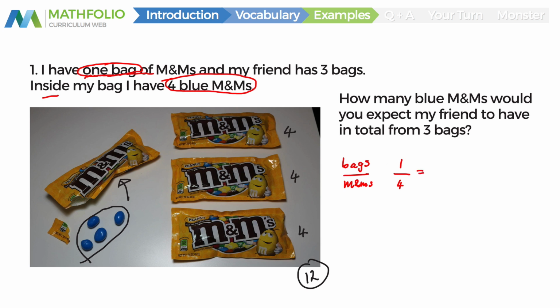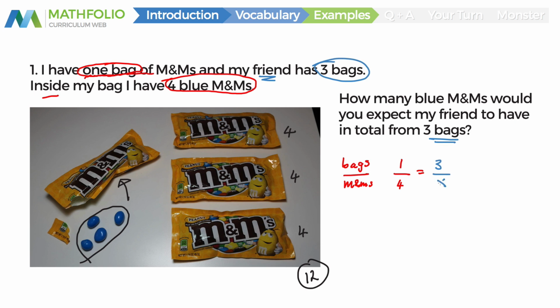Then we keep going. Let's switch the color over here. So now the friend has 3 bags. So we're going to put the 3 on top over here. So we're trying to come up with our 2 equal ratios to create a proportion. So 3 bags, and the question here is actually saying how many blue M&Ms would you expect from the 3 bags.